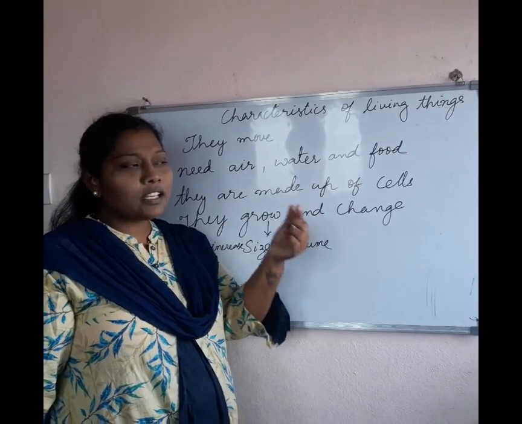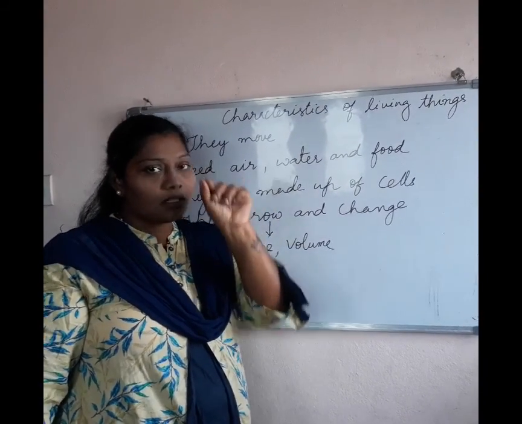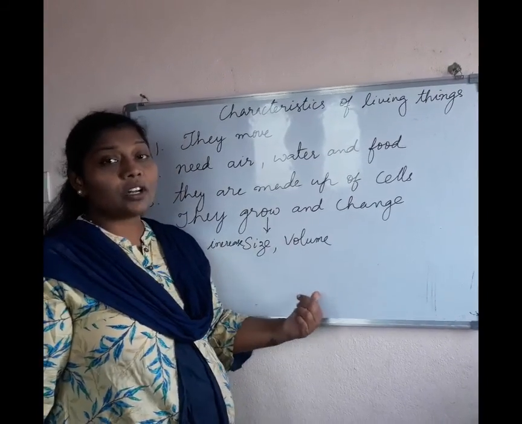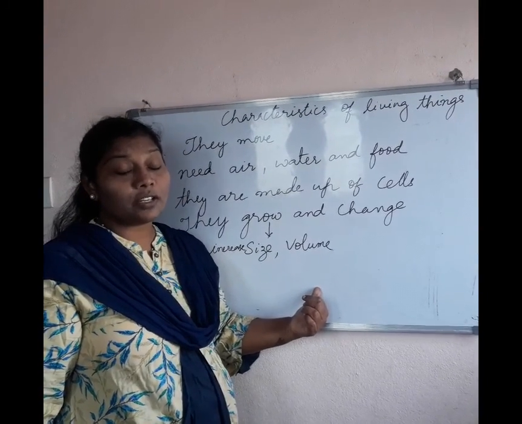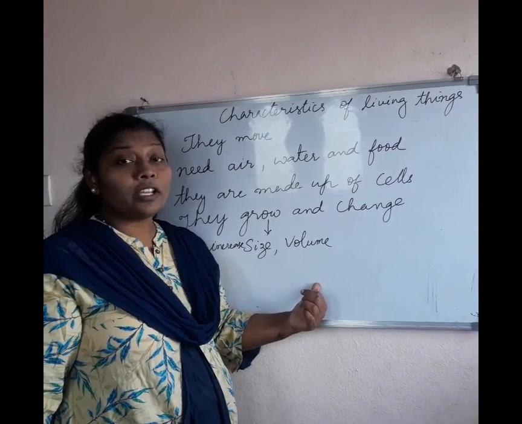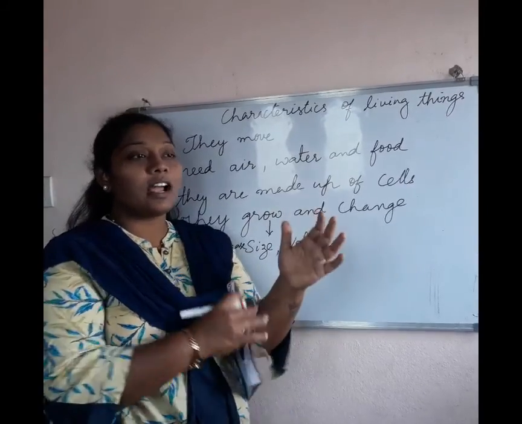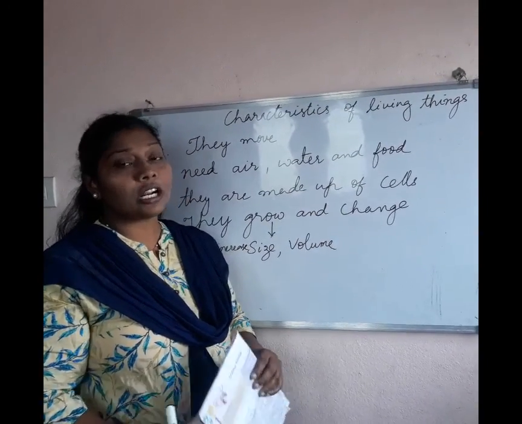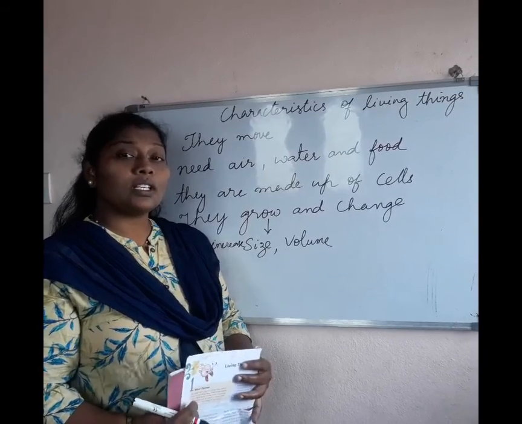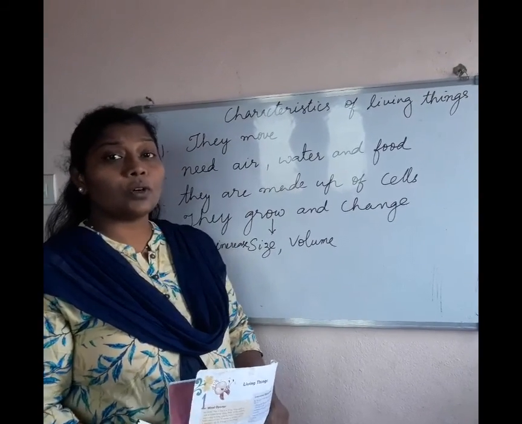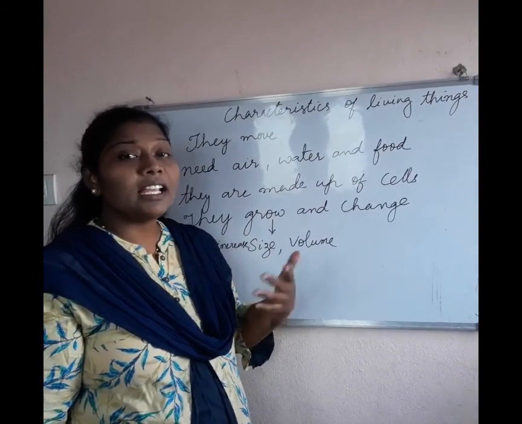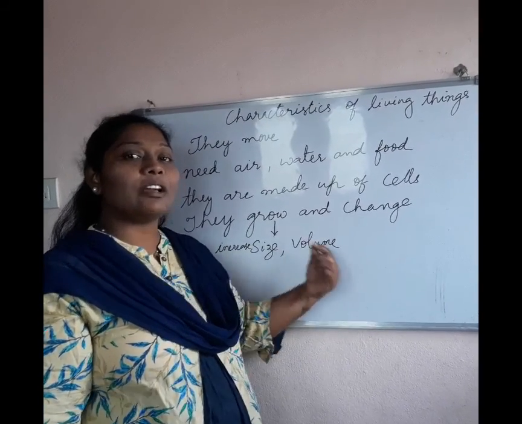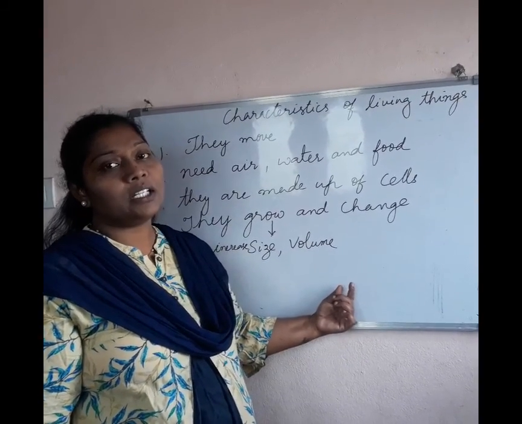Very small plants are very thin in volume, but when you observe a tree, its volume is very large. The trunk will be this much. Have you observed this, children? If you go outside and look at your surroundings, you can see a tree modify itself into a bigger one, a small seed developing into a bigger one.